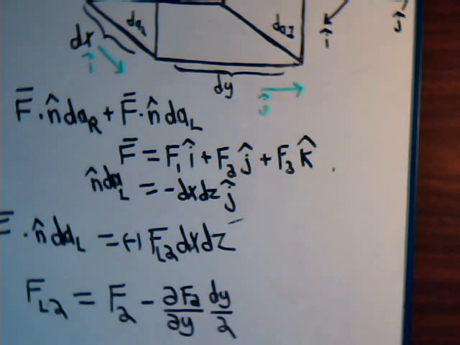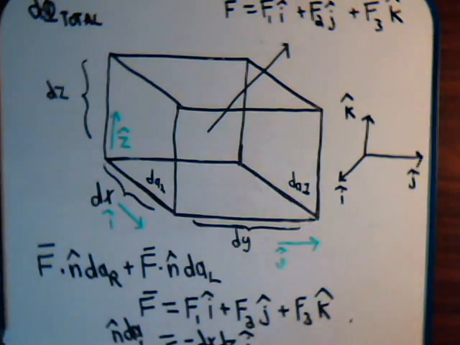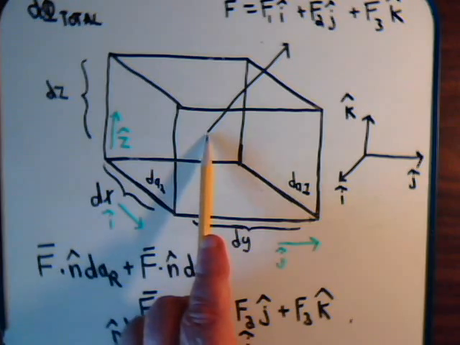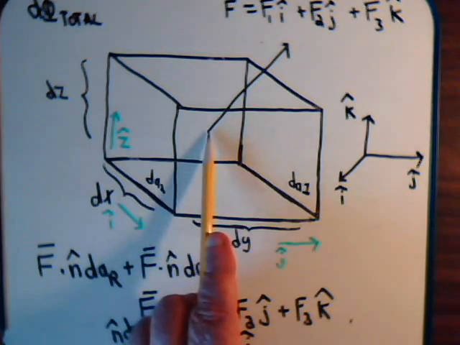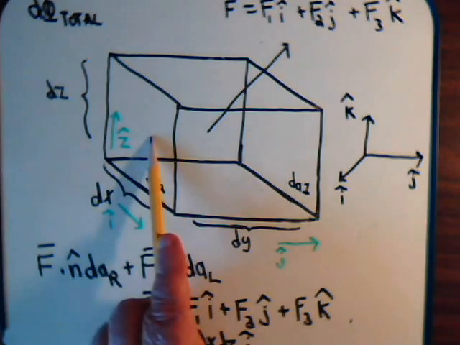So that's the second component of our vector when we shift it over in juxtaposition at the left-hand face. We were here. When we go to the right, that's a positive distance. Go to the left, that's a negative distance of dy over 2.